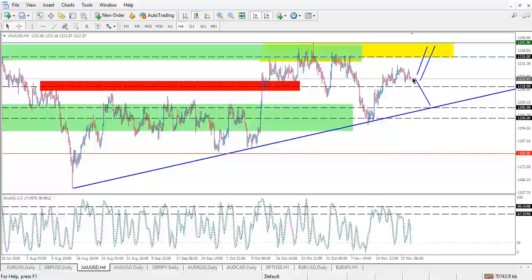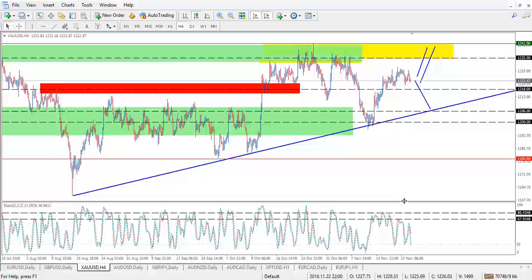The first one is to wait for the pair to reach the support level of 1206, or maybe the uptrend line that we can see here, and at the same time the stochastic oscillator drops below the level of 20, which means the pair is trading in an oversold area. So we can go long in case the price action shows some bullish evidence above those two levels, 1206 and the uptrend line that we can see in blue.